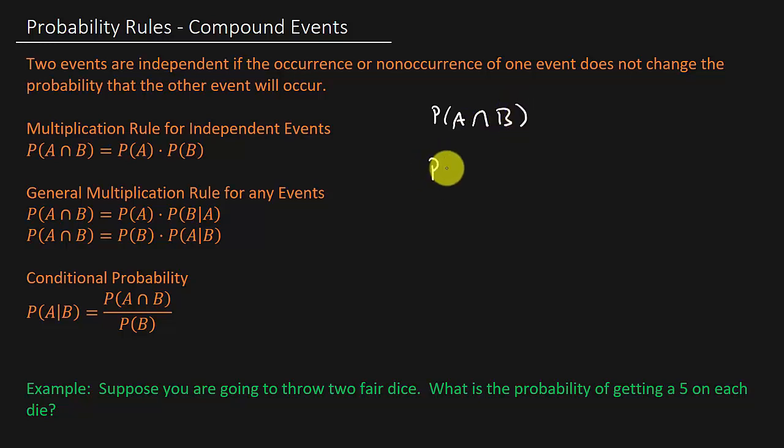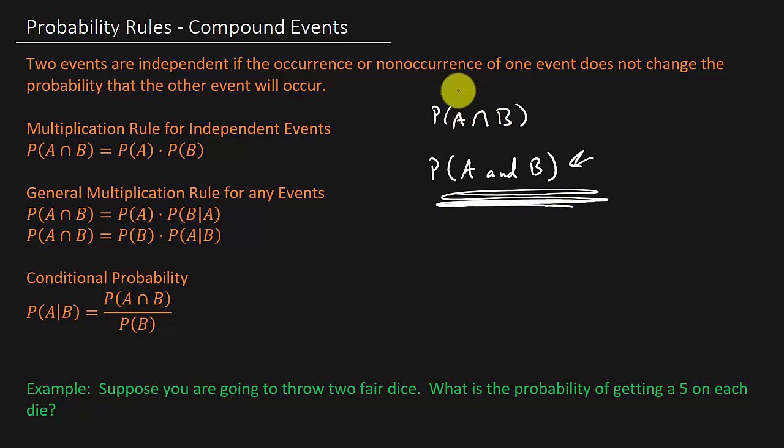You may see it written with a different symbol, and you may see this notation also. Actually, the book I'm using uses that notation, but I went ahead and did it like this because it was easier for me to type up. Basically, all you're doing is multiplying the probabilities of the two events together.